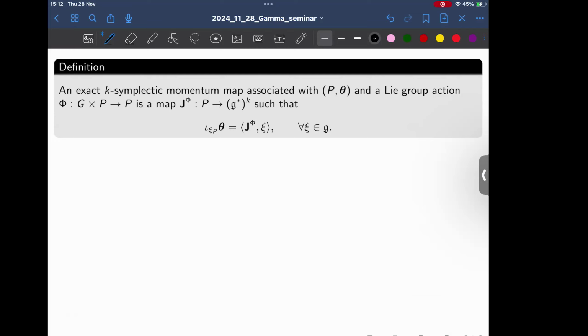Of course, this K-symplectic momentum map can be seen as a collection of maps from P to g star. So this means that this contraction is, I mean, the pairing of J^alpha with xi, tensor e_alpha.